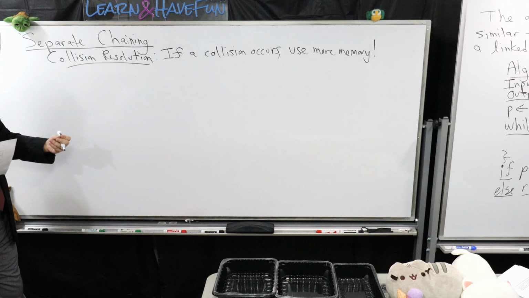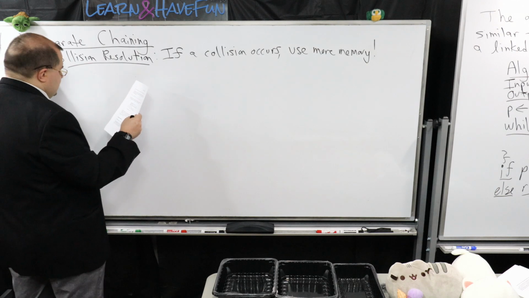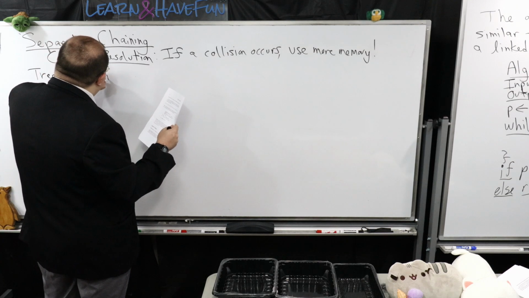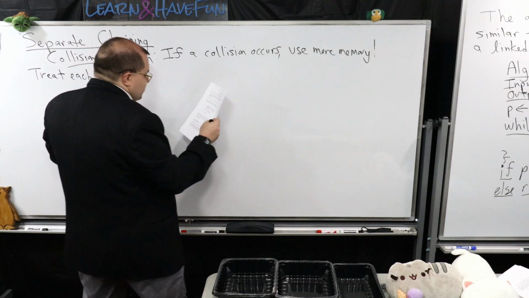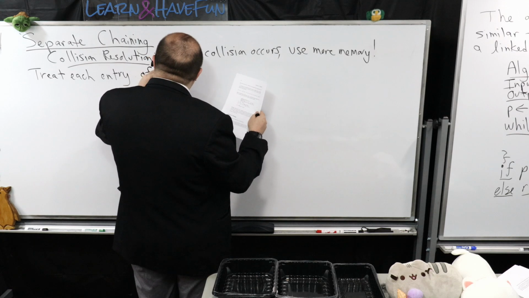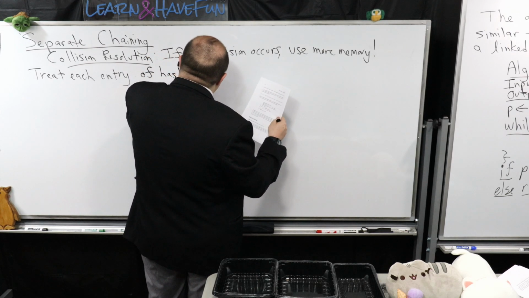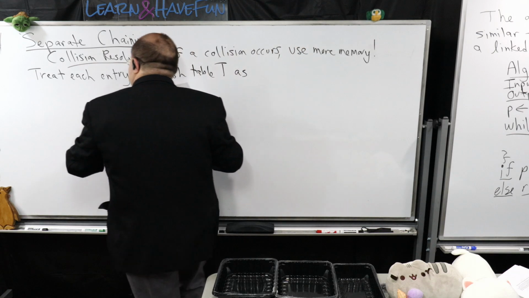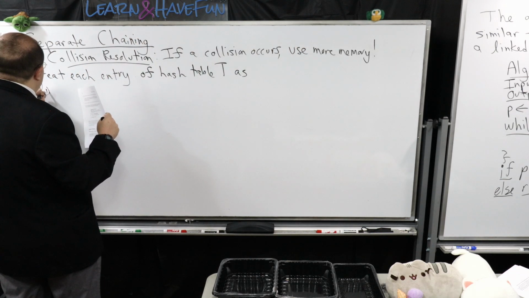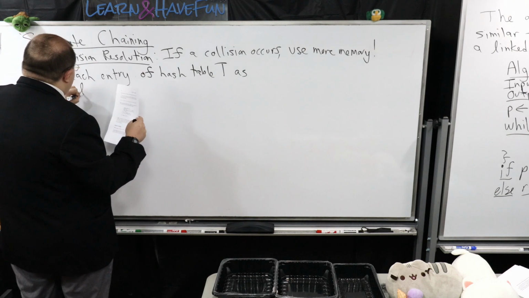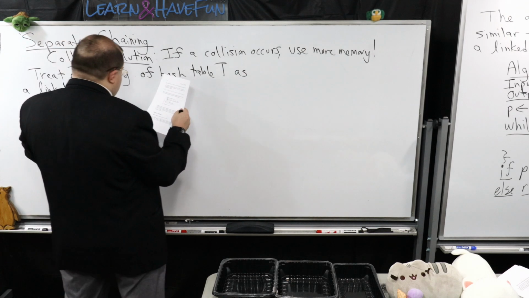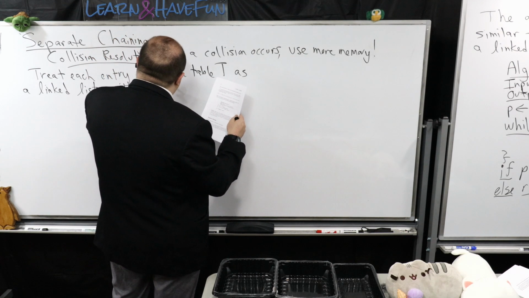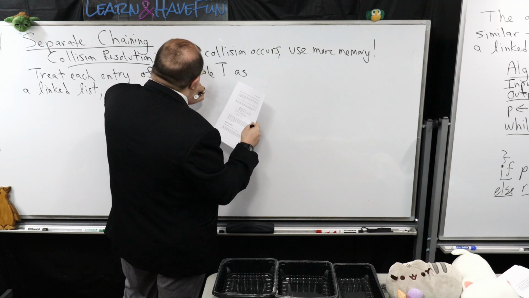Here's the idea: treat each entry, or slot, of hash table T as a linked list, with node references. So we're just going to have a linked list that consists of nodes, right?